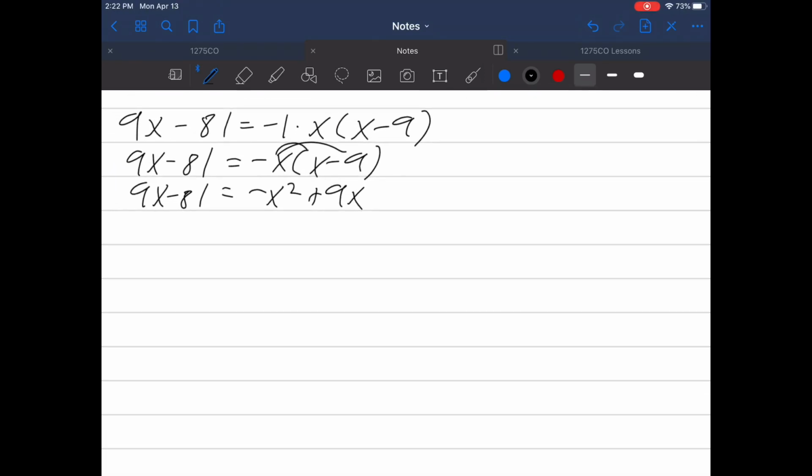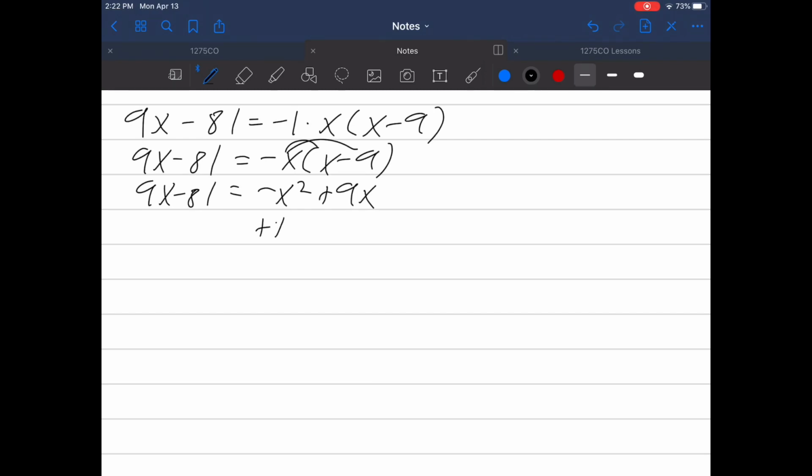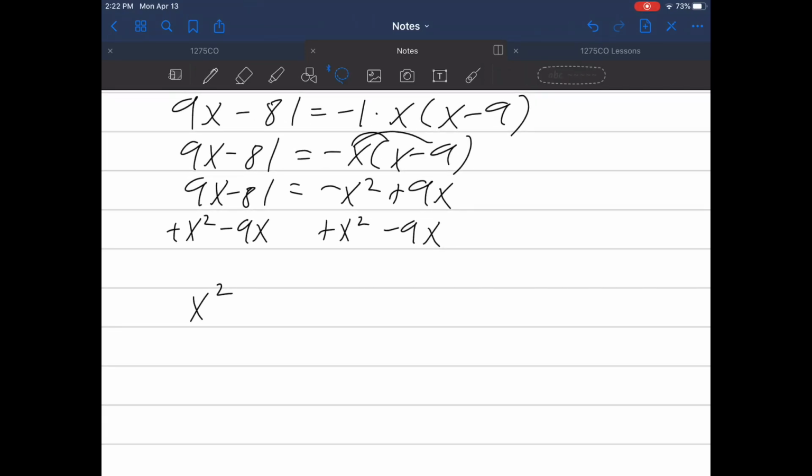This is a quadratic equation. Quadratic equation must be set equal to 0. So we'll do that by adding x squared and subtracting 9x to both sides. Adding x squared will make this quadratic to be positive.